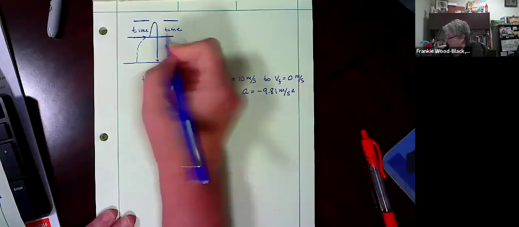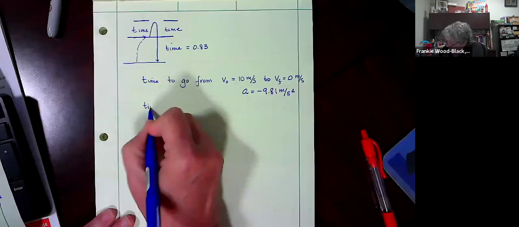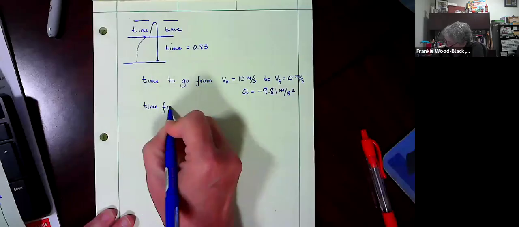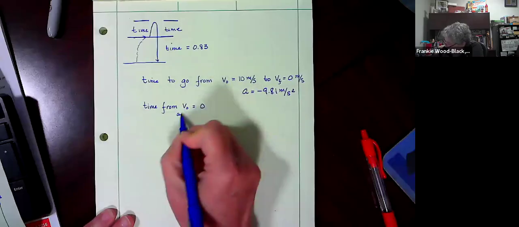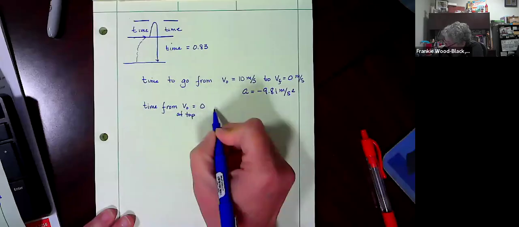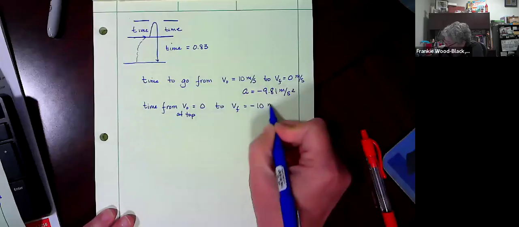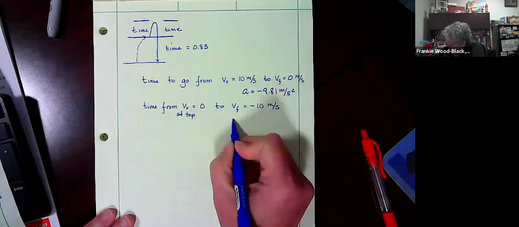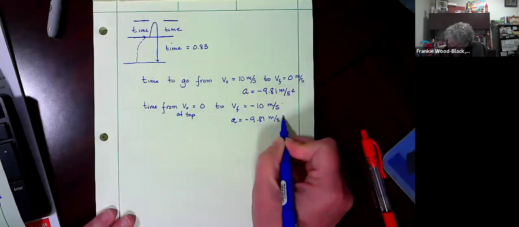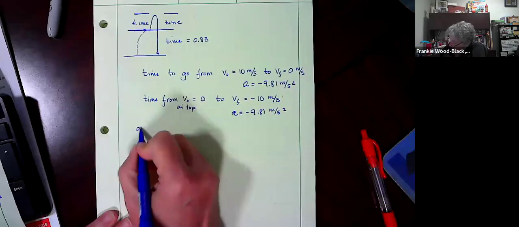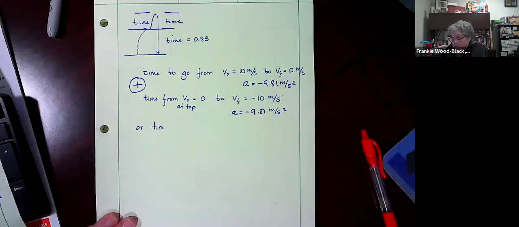I can use that same one, from V initial equal to 0, because that's at the top, to V final equaling minus 10 meters per second, using my acceleration as minus 9.81 meters per second squared. Then these two I would have to add, because that's doing this time and that time.